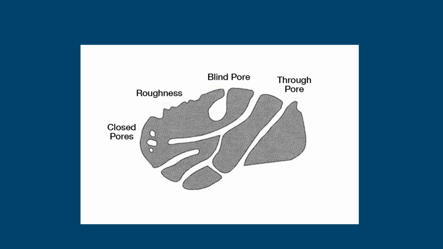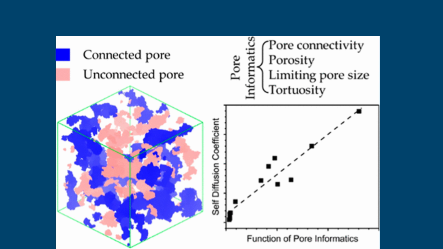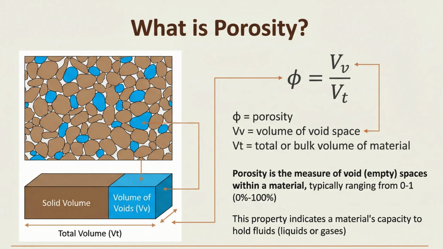Closed pores, on the other hand, are isolated cavities that do not contribute to transport but play an important role in mechanical resilience, thermal insulation, and buoyancy. The presence of closed pores can significantly enhance the compressive recovery and dimensional stability of materials. Porosity, defined as the volume fraction of void space, has a profound influence on mechanical and thermal properties.